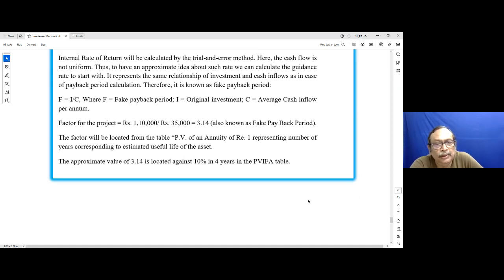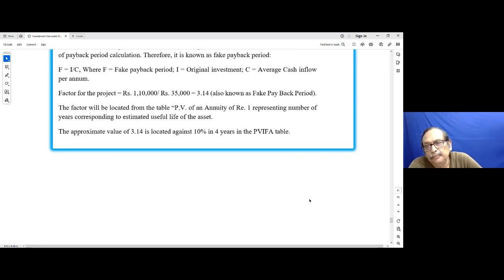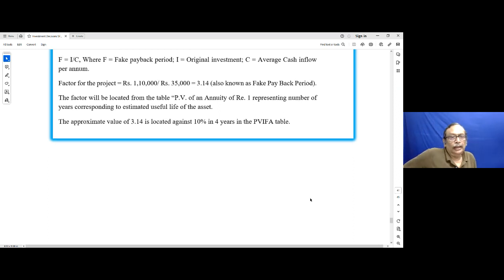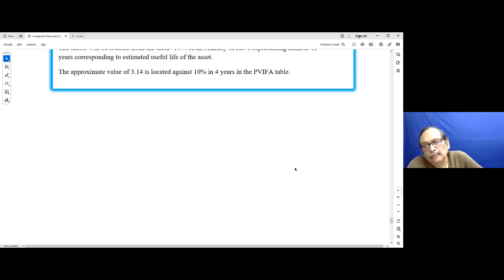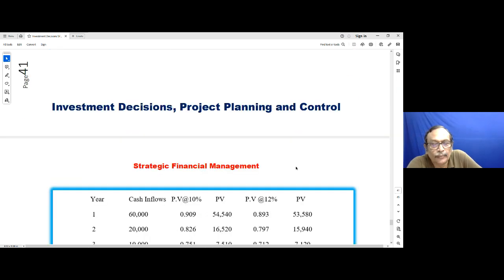The factor will be located from the table of present value of an annuity of rupee 1, representing the number of years corresponding to the estimated useful life of the asset. The approximate value of 3.14 is located against 10% in 4 years in the present value factor table.